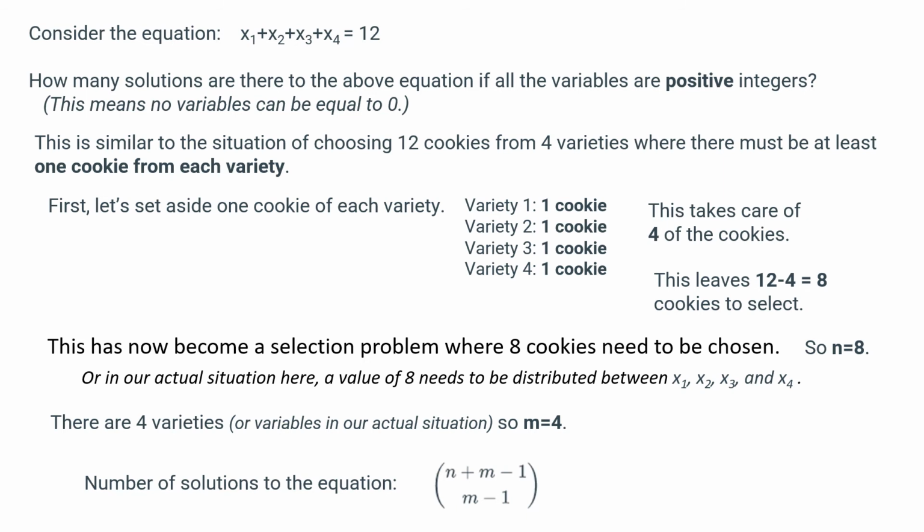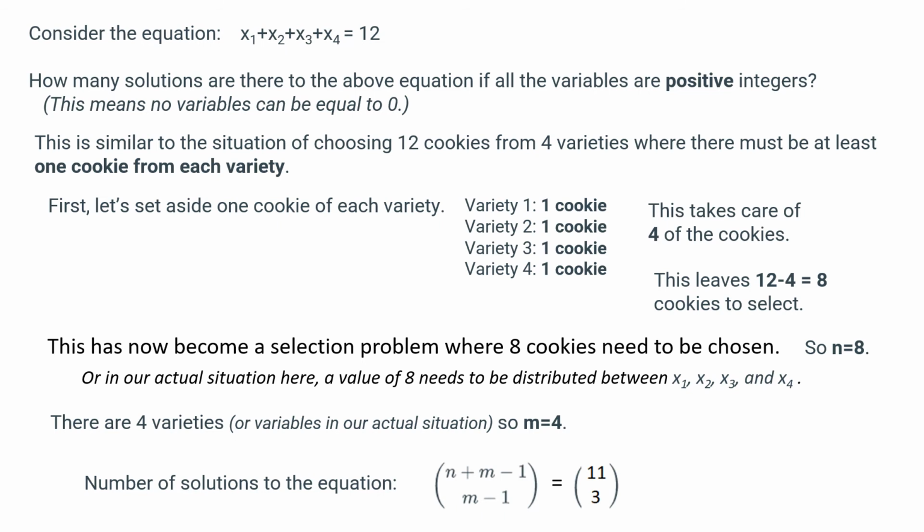So it would be the 8 plus the 3. We'd have 11 slots if we're thinking about slots in the code word, and we need to distribute the 3 ones, because there's 4 varieties, so we need 1 less. So anyway, it would be 11 choose 3. Hopefully this is making sense.